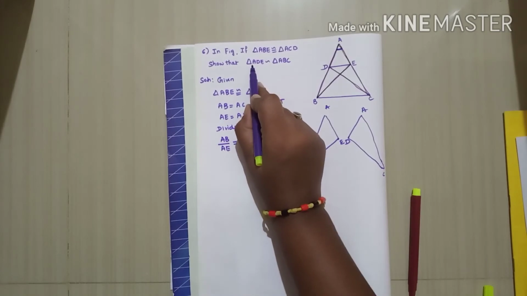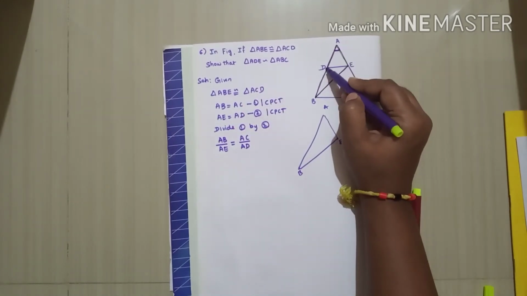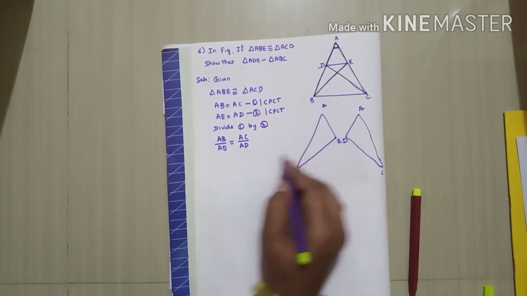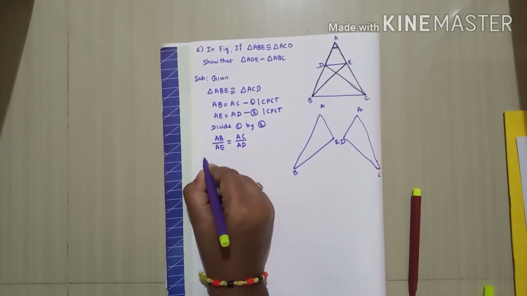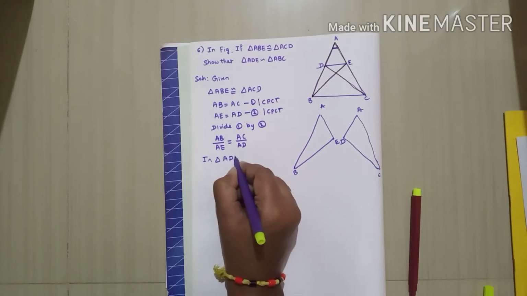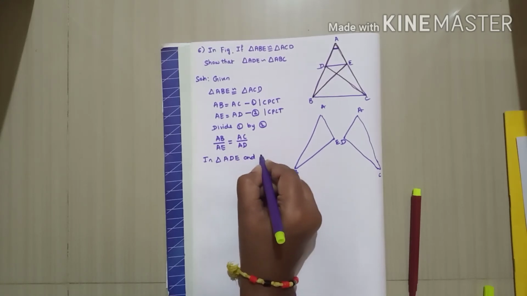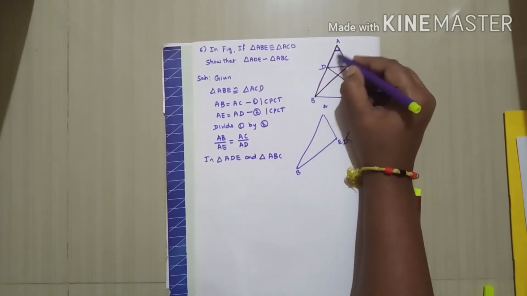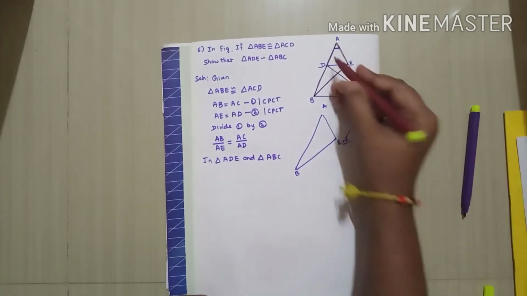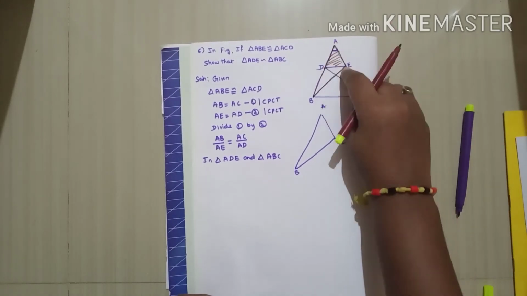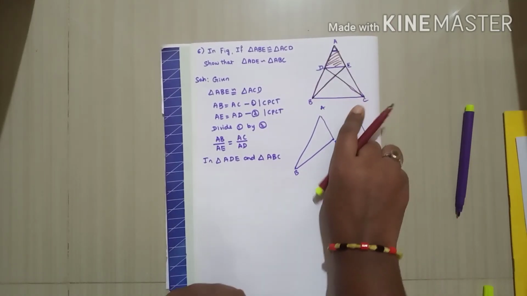We want to prove triangle ADE is similar to ABC. So we should consider those two triangles now. In triangle ADE and triangle ABC, this smaller triangle, ADE and ABC are similar, we want to prove.